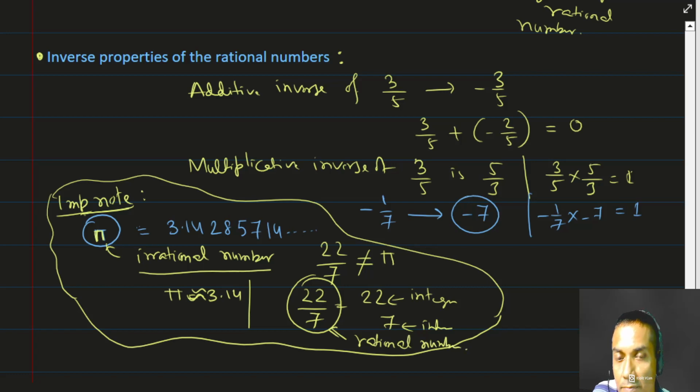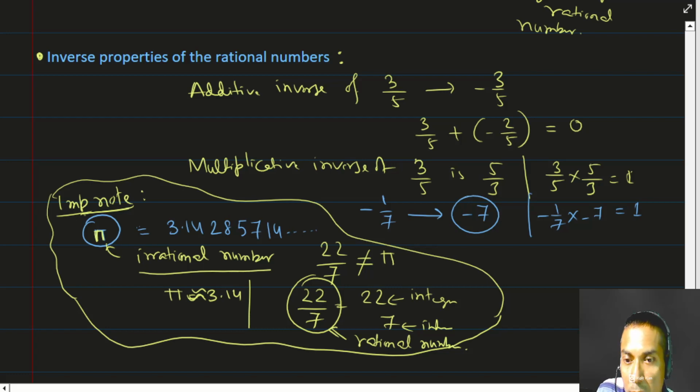Although we derive pi from 22 by 7, you should understand very clearly it is an approximate value. It is not the exact value. So you can't say 22 by 7 is equal to pi. That is the reason that 22 by 7 is a rational number, whereas pi is an irrational number. Hope it is clear to everyone.